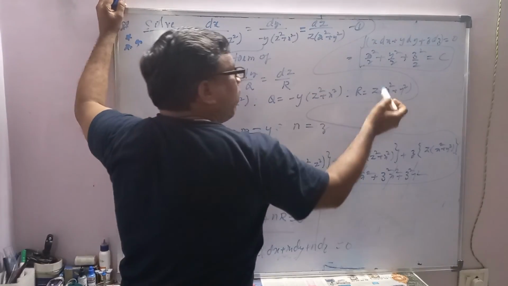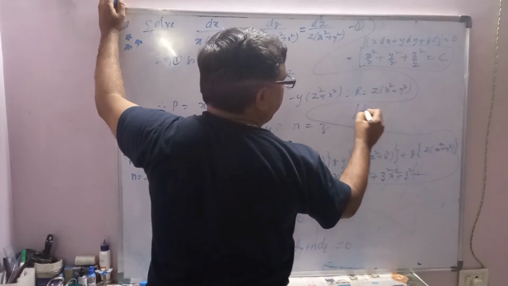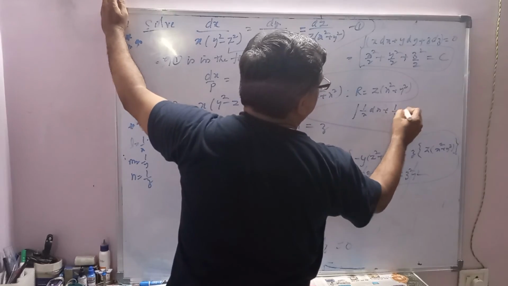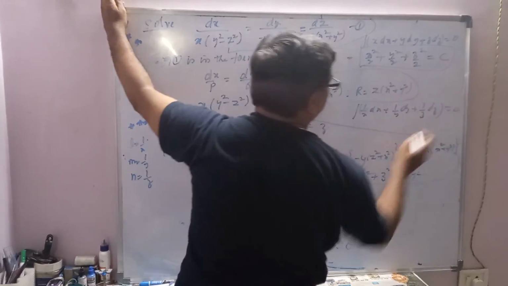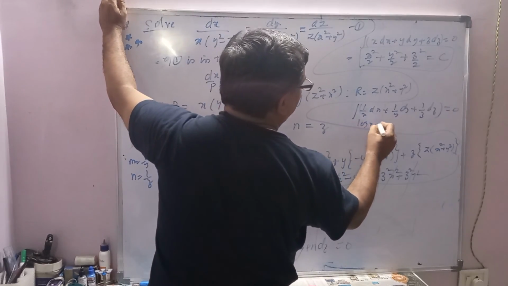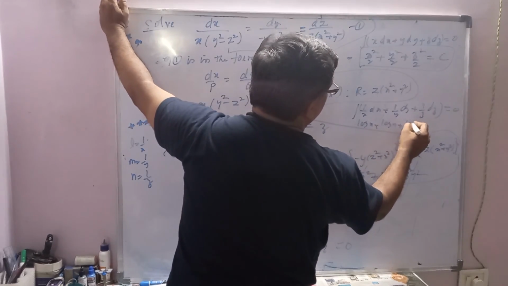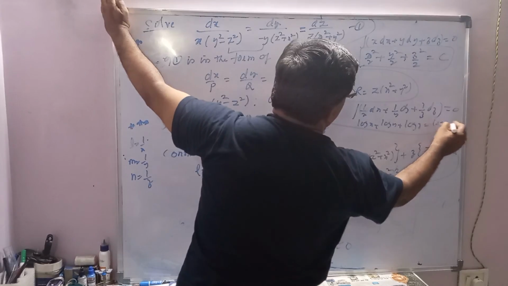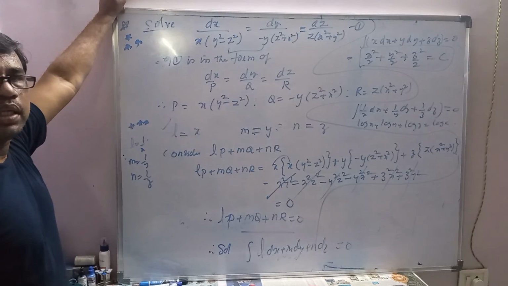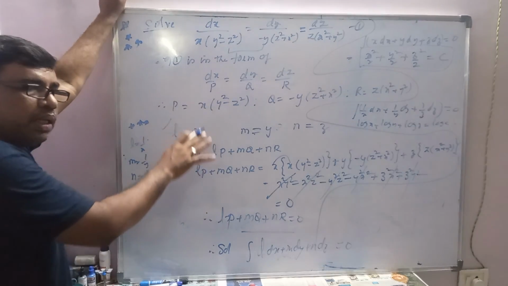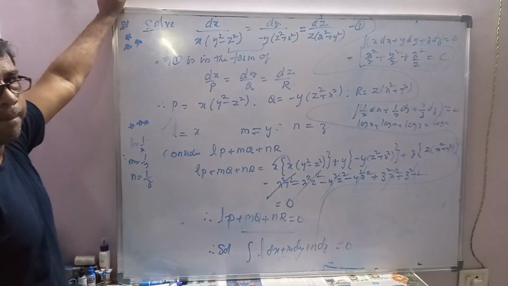The solution is then (1/x)dx + (1/y)dy + (1/z)dz = 0. In this case you will get log x + log y + log z = log c, that is xyz = c, another solution. We have to repeat the same process two times, remember.